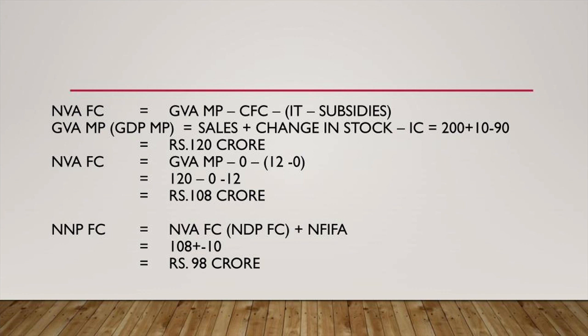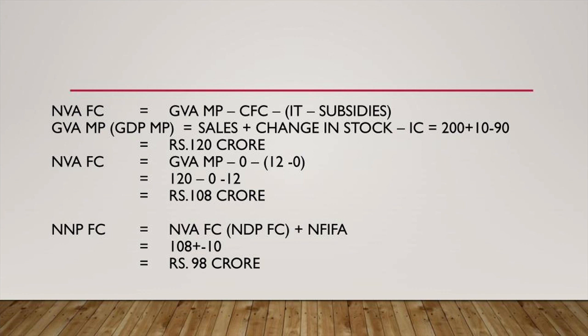As in this question the depreciation is not given, you have to assume the depreciation or the consumption of fixed capital as 0. Instead of net indirect taxes, indirect tax and subsidies are given separately. So NVAFC is equal to 120 minus 0 minus 12, which is rupees 108 crores.